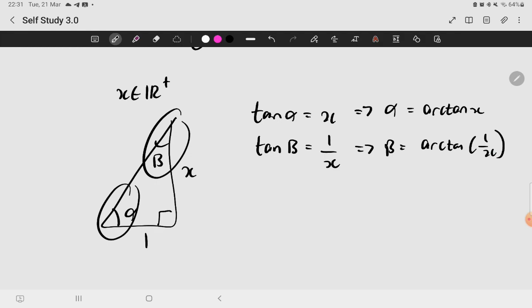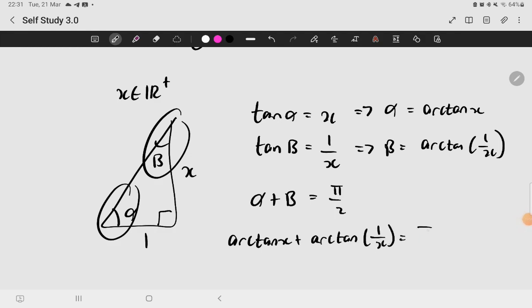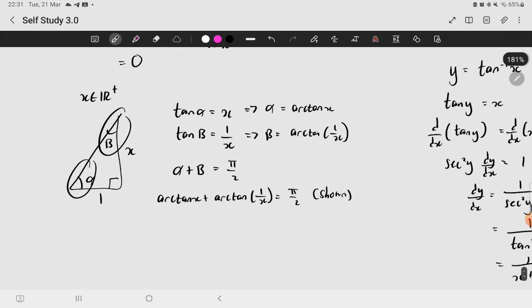So alpha plus beta is pi over 2. Referring back to our equation, arctangent of x plus arctangent of 1 over x is equal to pi over 2. So it's shown. The sum will be pi over 2, which means it's a constant.